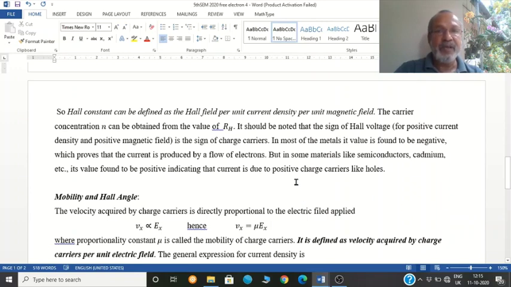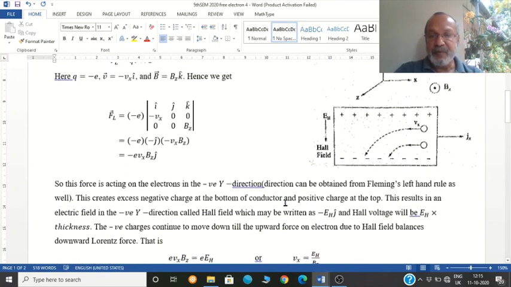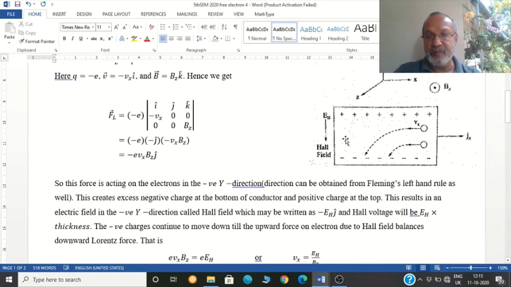Another very important application is determination of the sign of the charge carriers. That is, if positive charges are moving from left to right in this direction, you will get the same direction for the current density. In that case, the charge carriers are positive and velocity also will be positive.